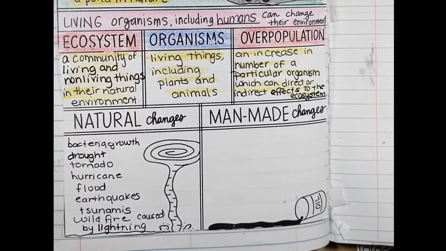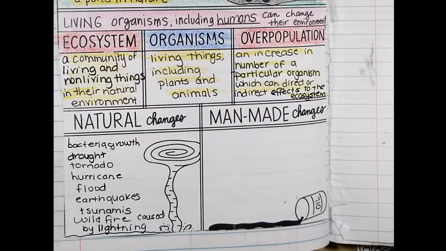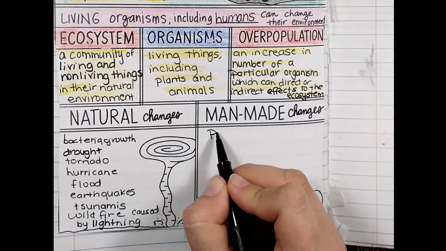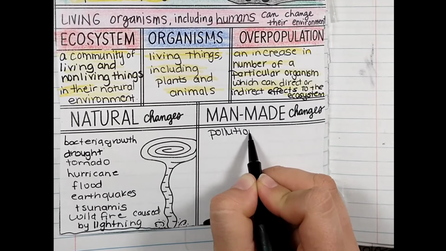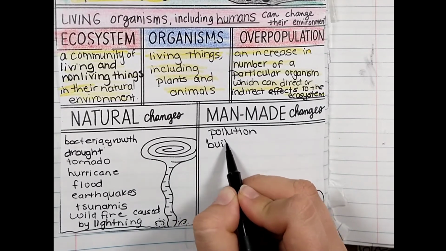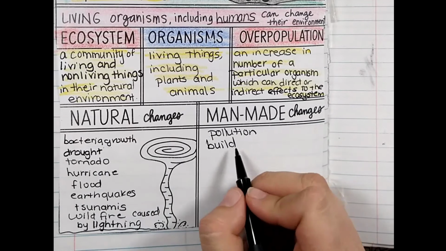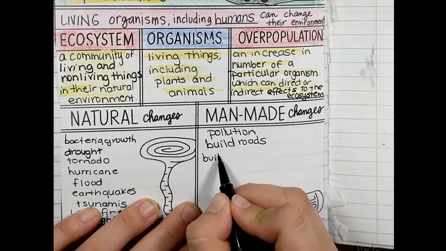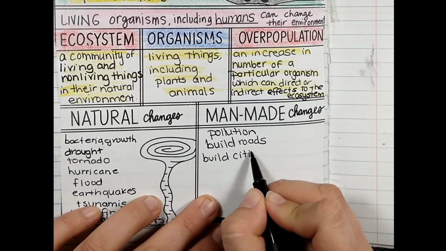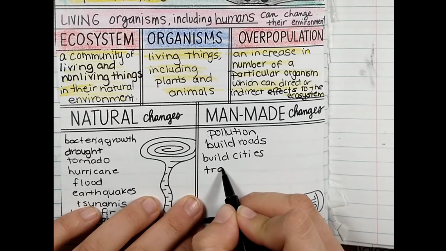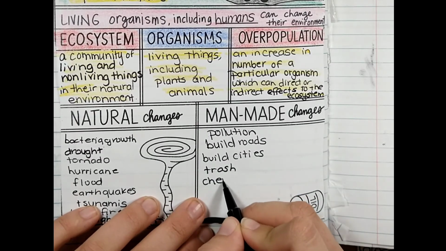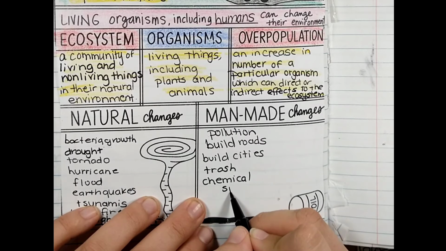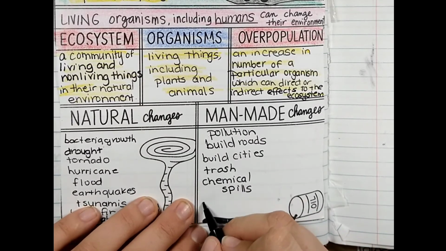All right, so man-made changes are how mankind has affected their environment. By pollution, building roads, building cities, trash, chemical spills, cutting down trees.